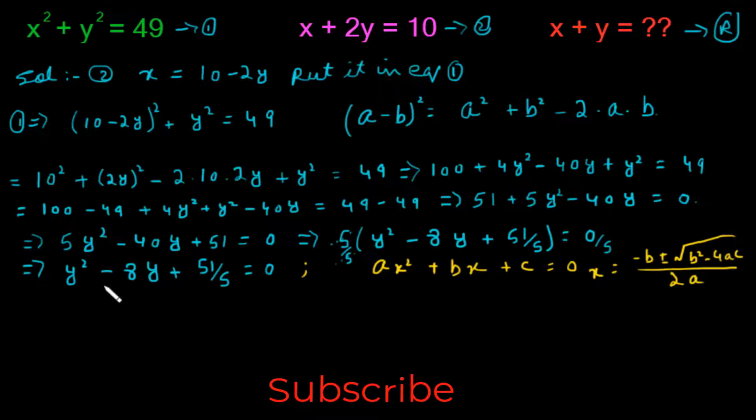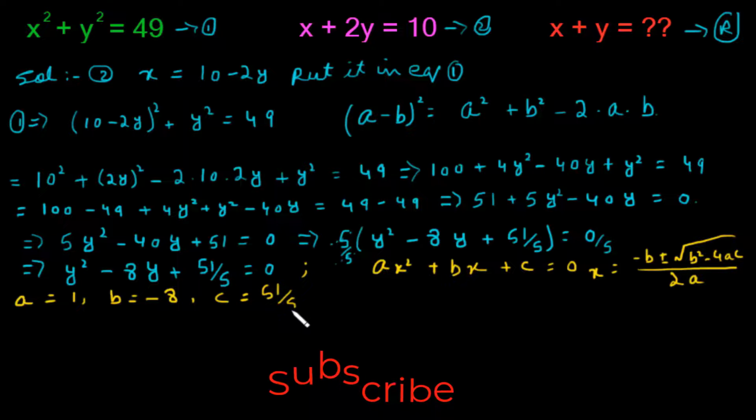So similarly, I can assume that a has value in this equation is 1, b has a value of minus 8, and c constant has a value of 51/5. Here I have written x, but I can replace it with y to find this y.